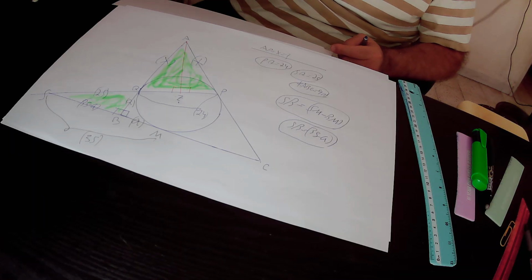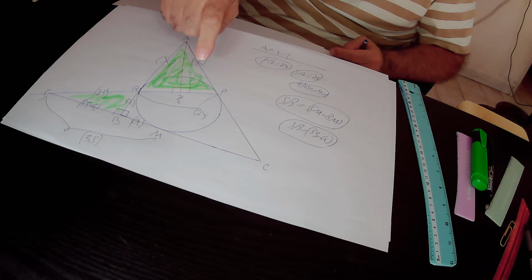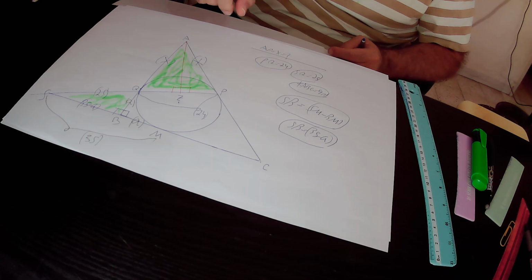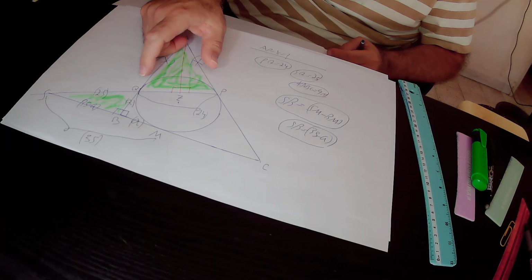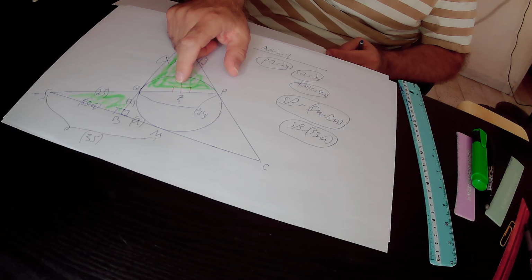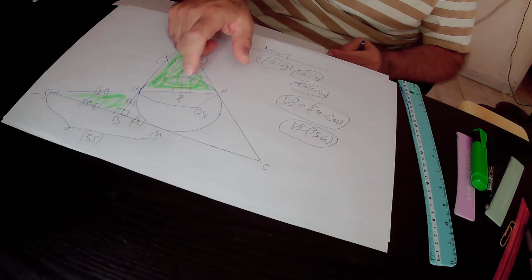According to rule 21, the perpendicular AZ bisects the base QP into two halves. The first half is QZ, which equals QP over 2. The second half is ZP, which also equals QP over 2.